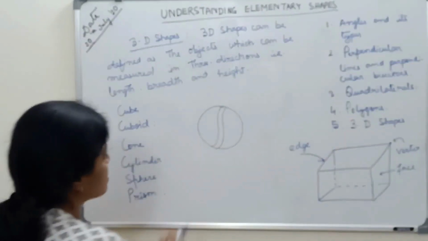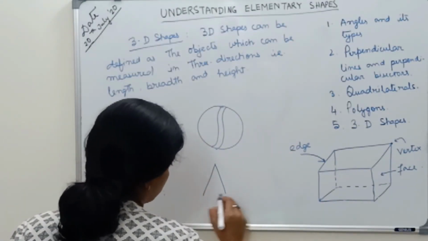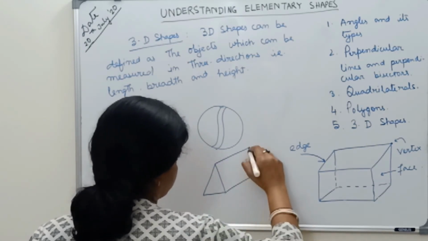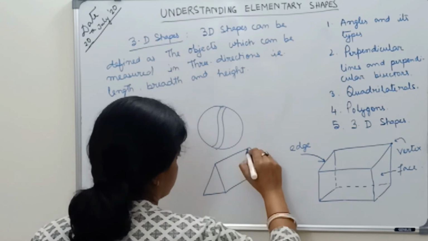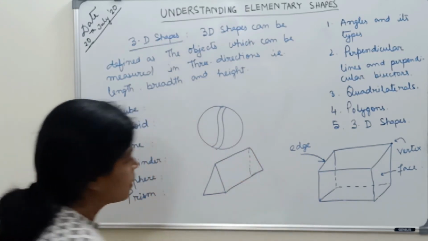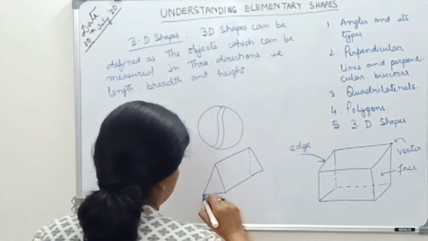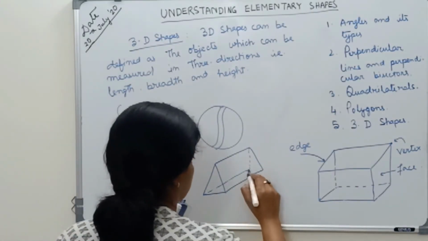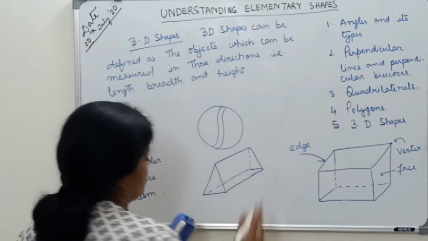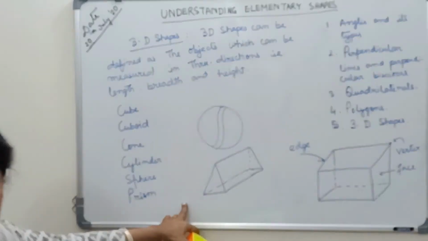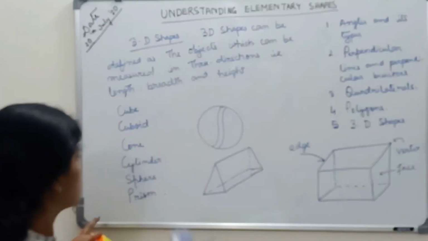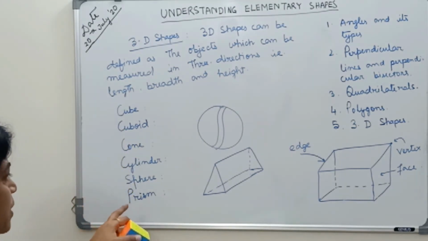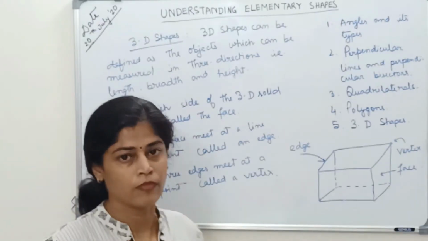Now, what is a prism? Just like this, it's a prism. Now you understood what is a cube, cuboid, cone, sphere, prism, and cylinder.